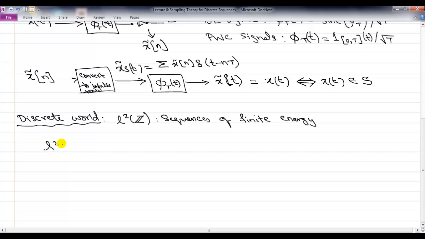So this L2Z is defined as all sequences such that when we take the square of the absolute values and we sum them up, the total sum is less than infinity. Just the discrete analog of the integration expression for finite energy that we saw earlier.